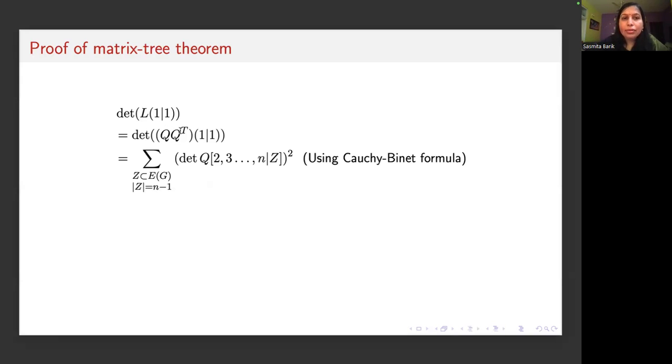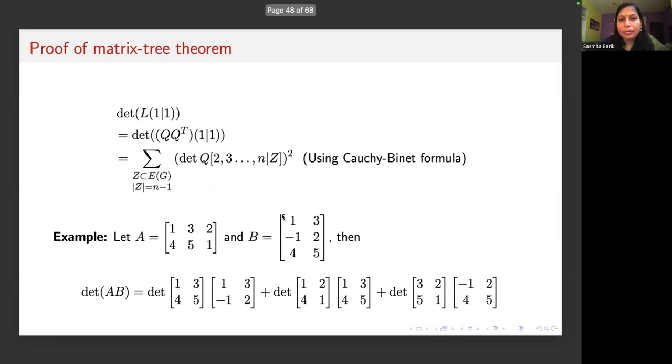Here, this is a rectangular matrix, not square, and we are taking its transpose, so it has been written in this way. Then here I'll use the Cauchy-Binet formula. Through this example, I'll show how it gets applied.